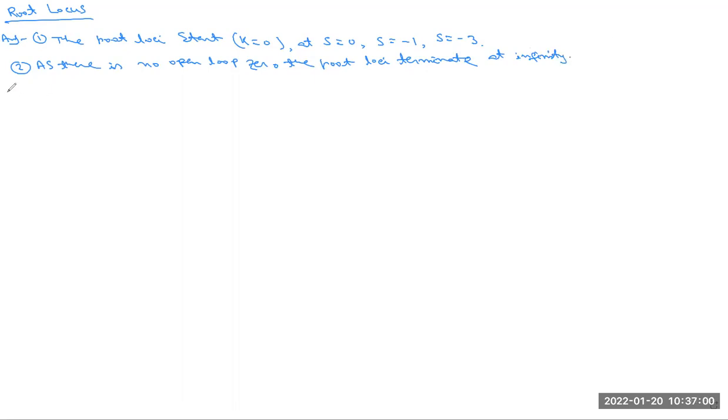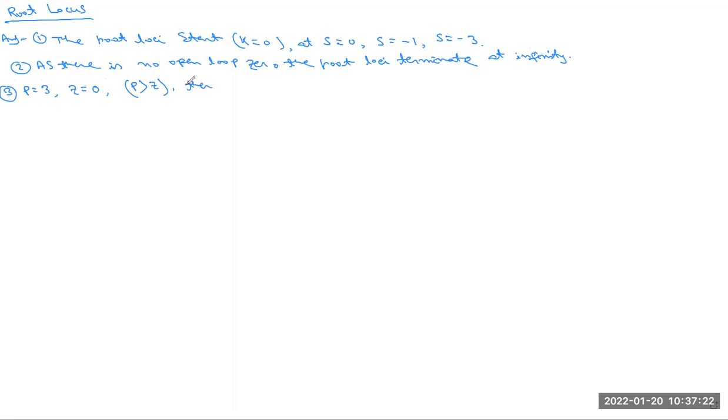And number three we discussed previously: the number of poles is 3, we express it as P, and the number of zeros in this question is 0. More or less, the number of poles is greater than the number of zeros.